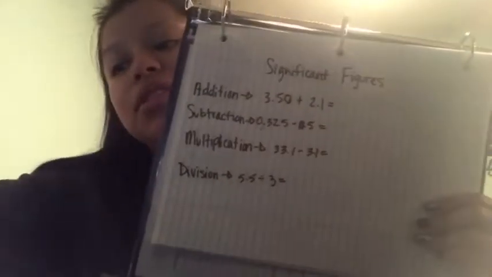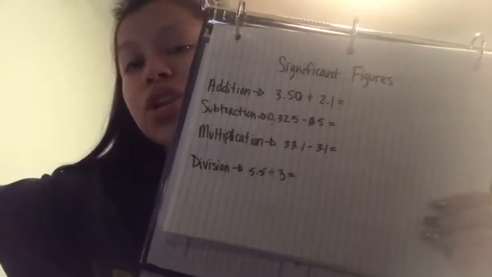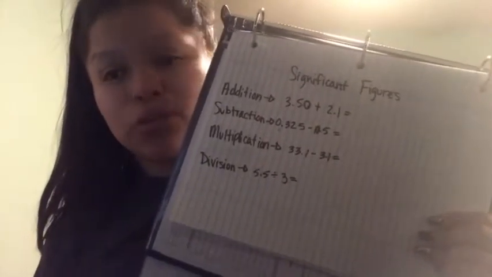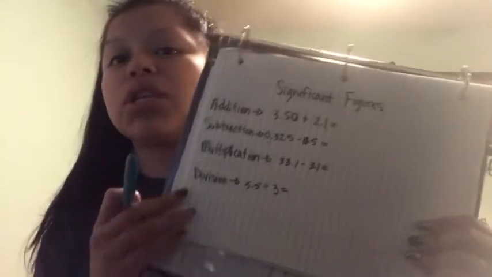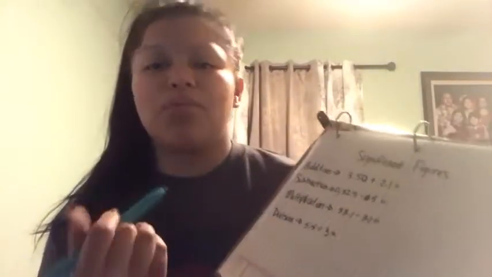So that has enough sig figs for the answer. If it had been 3 or 4 sig figs, then we would have had to round it in order to get 2 sig figs. So the answer would be 5.6.